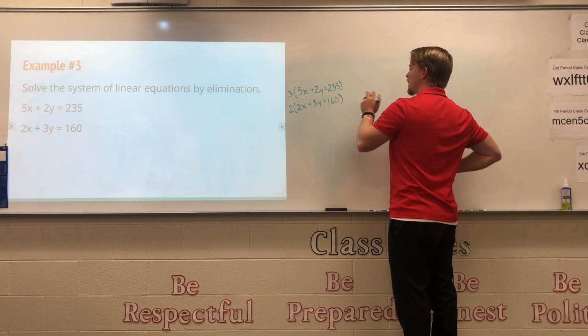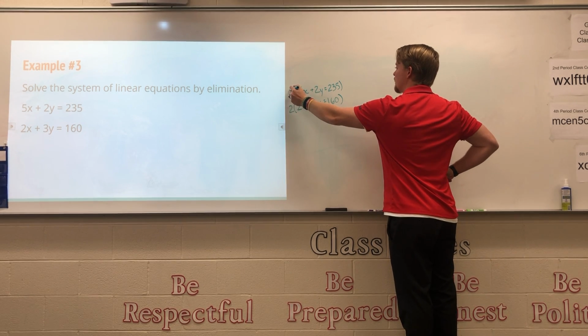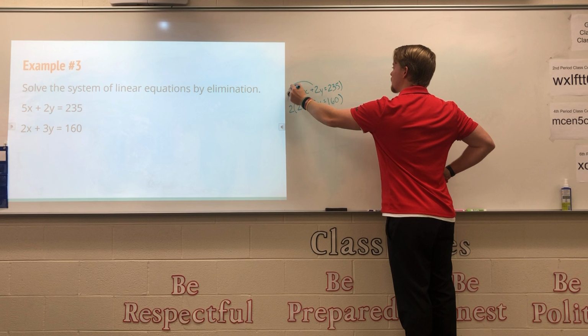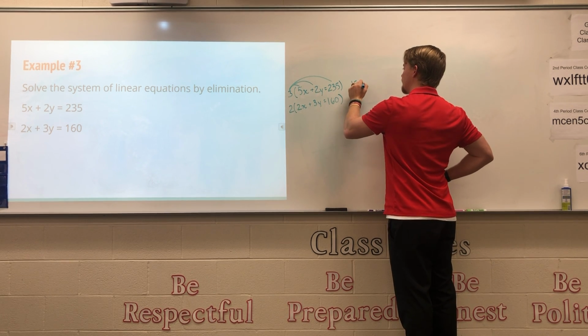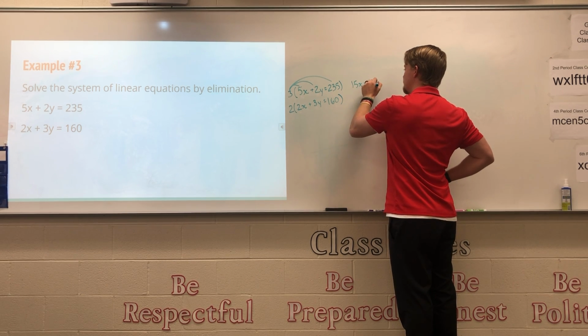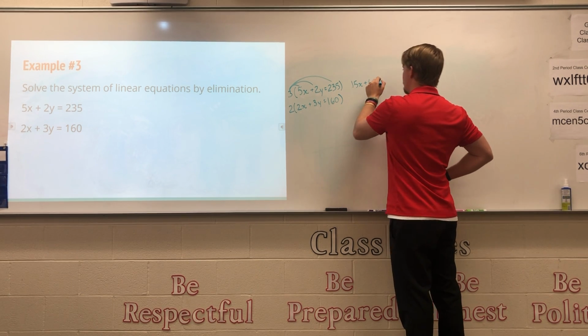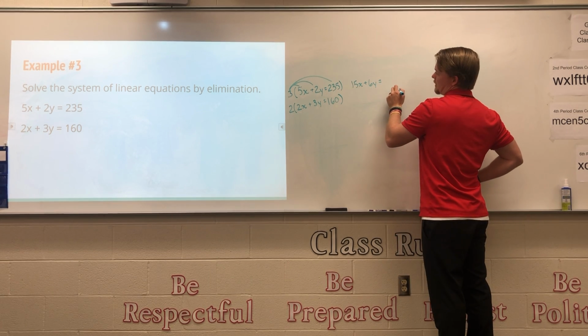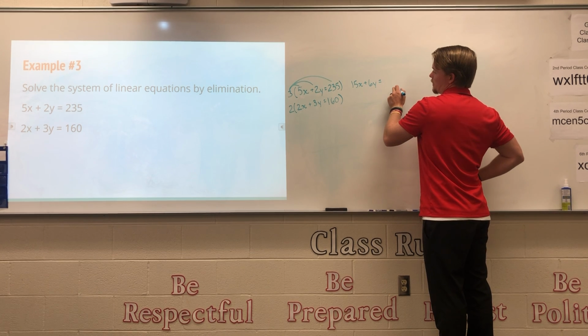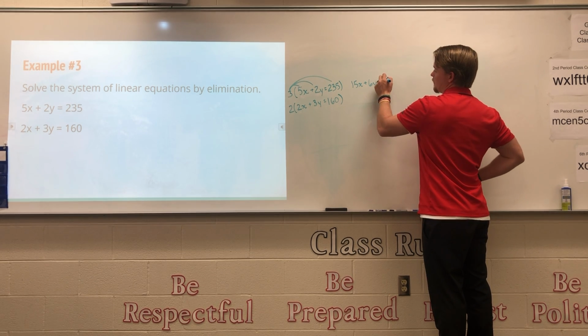So my new top equation will be 3 times, again, I'm multiplying that 3 by everything on the inside. 3 times 5x is 15x. 3 times 2y is 6y. And 3 times 235, let's see real quick, that would be 705.